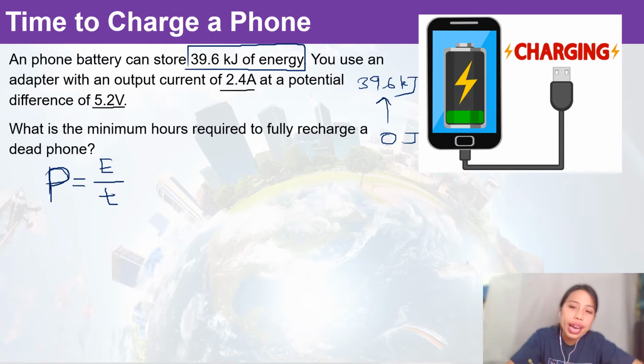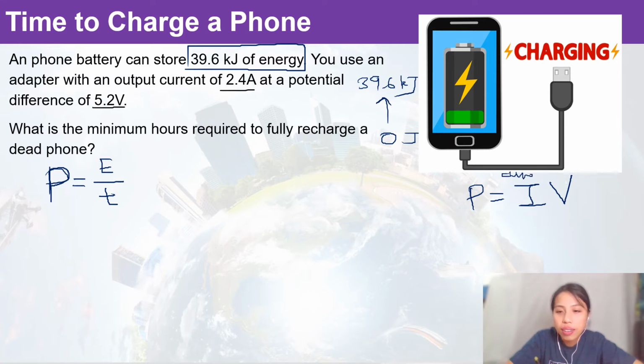This is where it'll be handy to get a sneak peek of a future chapter. In some of the electricity chapters, you will learn that the power in a circuit can be calculated by current times potential difference, or voltage.